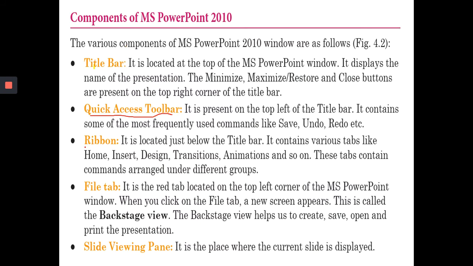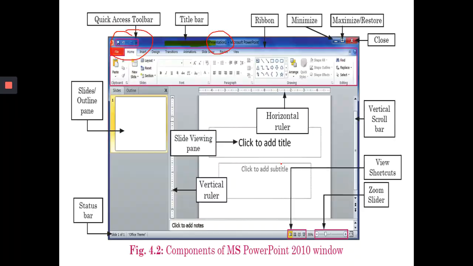Number 3 is ribbon. Okay, it is located just below the title bar and it contains various tabs. So come to the picture. See this portion is ribbon. See there are different tabs: file, home, then insert, আমি underline করে যাচ্ছি, then design, transition, animation, slideshow, review, view.